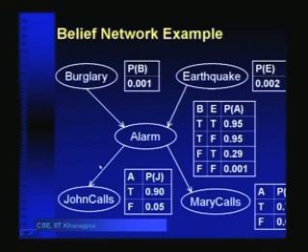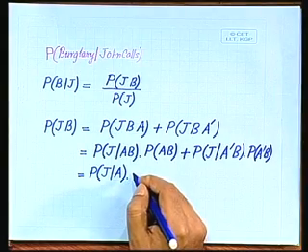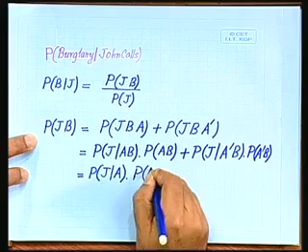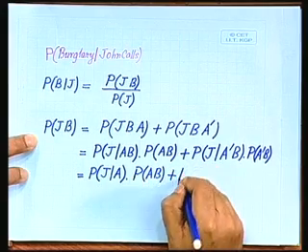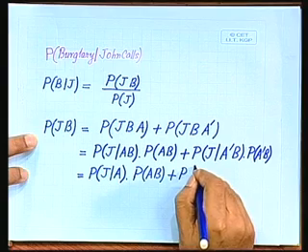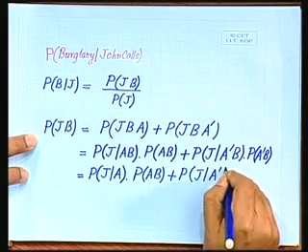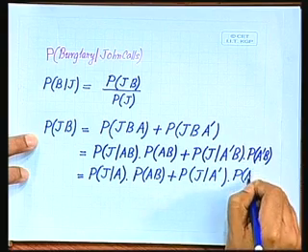So, we will have this simply as P(J given A), and then the next term is P(A, B), plus P(J given A dash). For the same reason, B will disappear from here, times P(A dash, B).